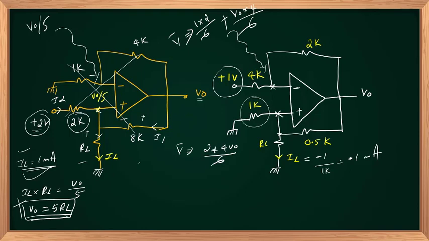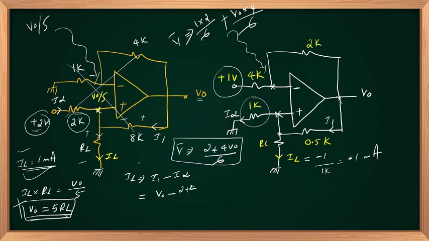As we discussed earlier, IL is nothing but I1 minus I2. So IL is equal to I1 minus I2. The value of I1 is V out minus V plus divided by 0.5K. V out minus V plus is equal to V minus, that's equal to 2 plus 4 V out by 6.